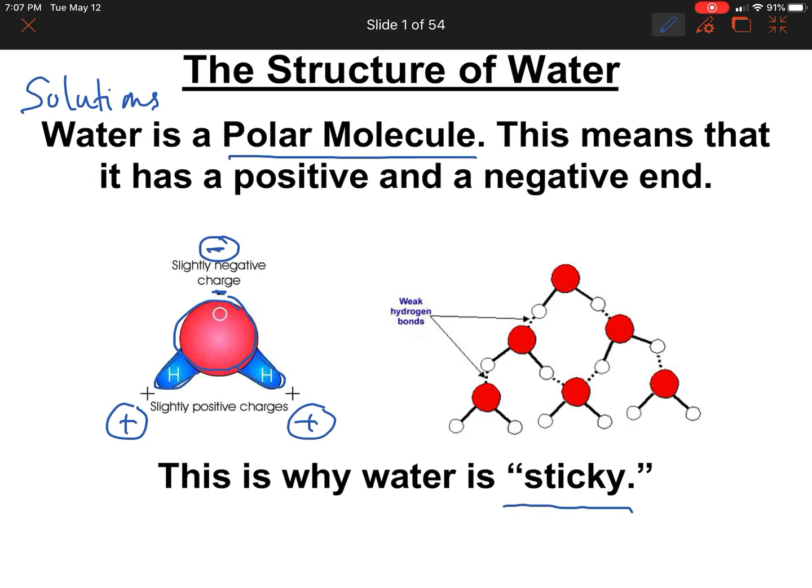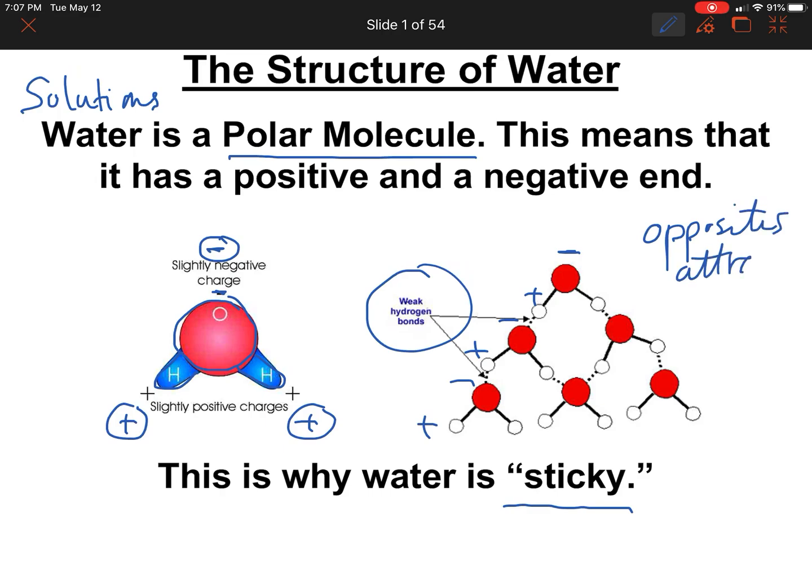So water is sticky because of these things here, the weak hydrogen bonds. So again, this is negative, that's the oxygen part, that's the hydrogen, oxygen, hydrogen, oxygen, hydrogen, and that pattern would continue throughout the molecules. But if you look here, what do we know about opposite charges?